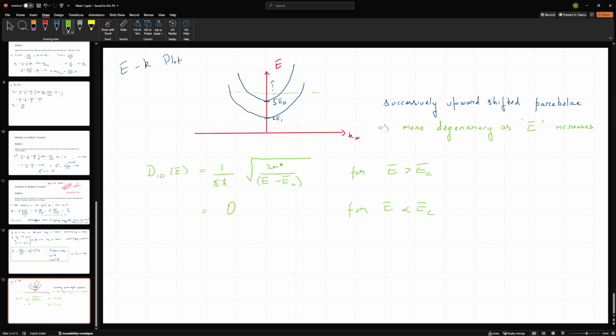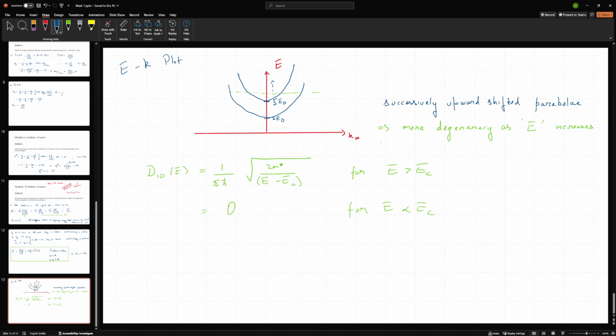Even if I don't consider the conduction band minimum, for a realistic 1D material, the lowest possible energy is actually not E1, it is ED here. The lowest possible energy an electron can have in the system cannot be below that. So below that energy, there should be no states available.